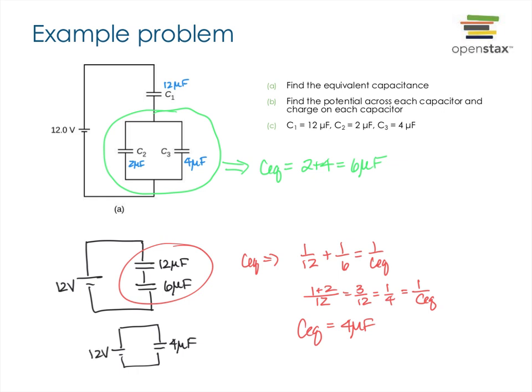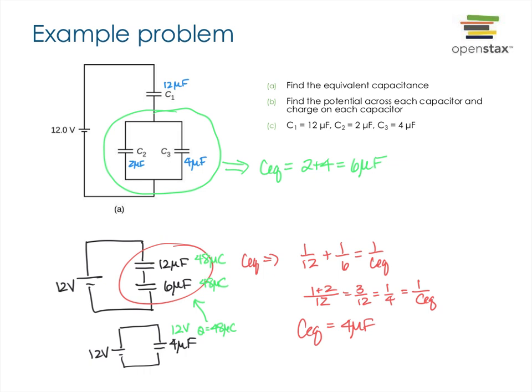And now I'm going to start to go back to give more information. The voltage across this is 12 volts. Its charge is 48 microcoulombs. Now when I go back to here, both of these are in series. They have the same charge, so it's 48 microcoulombs.